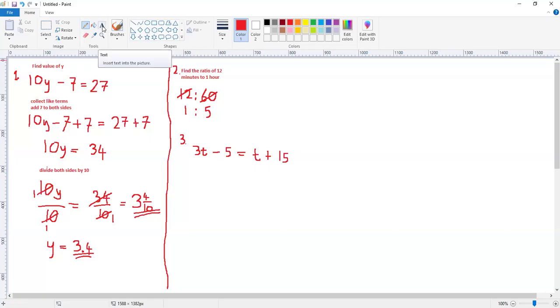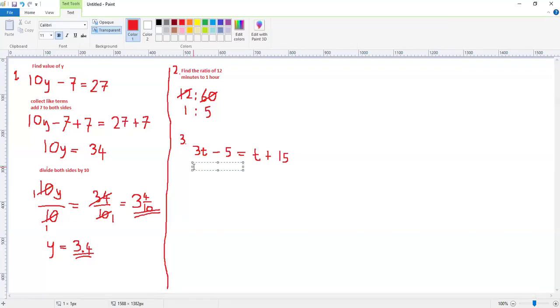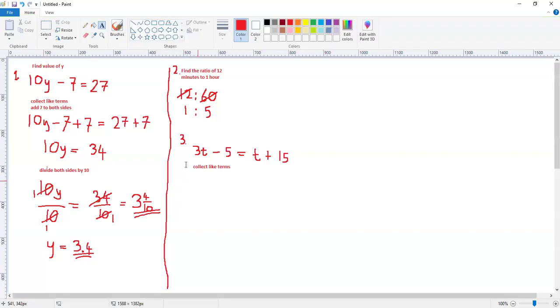So what you can do is first 3t plus 1t. I mean minus. You have to collect like terms.